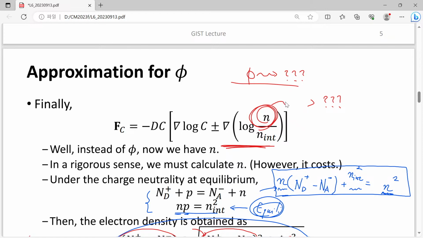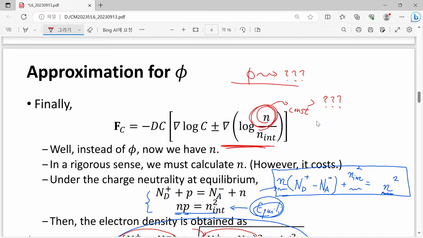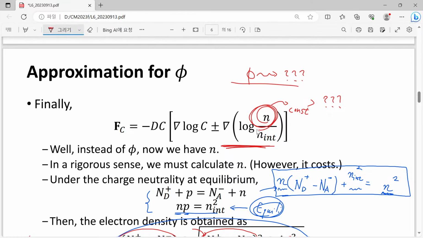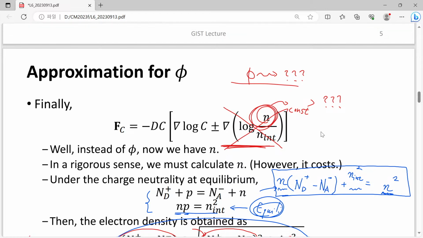If this is constant over our vapor, then what will happen? If this is just a constant, then this term will not contribute to our flux. So this is meaningless. However, if we have severe dependence on N, severe variation over N, then that will make some dependencies.